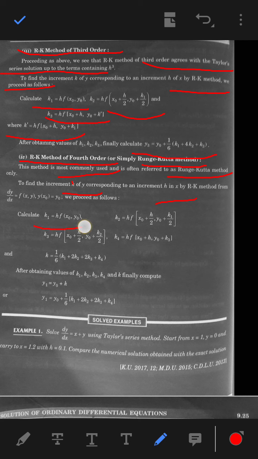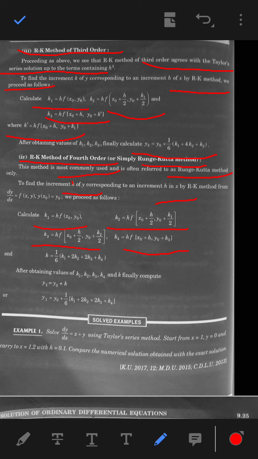Here we find k1 will be equal to h into f of x naught, y naught, k2 will be equal to h into f of x naught plus h by 2, y naught plus k1 by 2, k3 will be equal to h into f of x naught plus h by 2, y naught plus k2 by 2. Notice here in k2 it is k1 by 2, and in k3 it is y naught plus k2 by 2, and k4 will be equal to h into f of x naught plus h, y naught plus k3, and finally the value of k will be 1 by 6 (k1 plus 2 k2 plus 2 k3 plus k4).